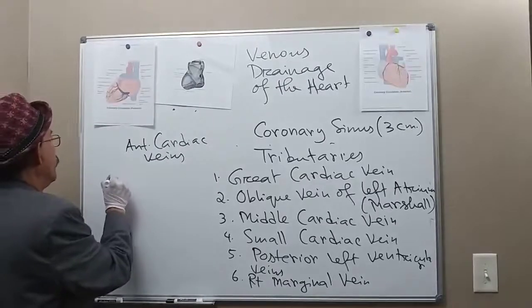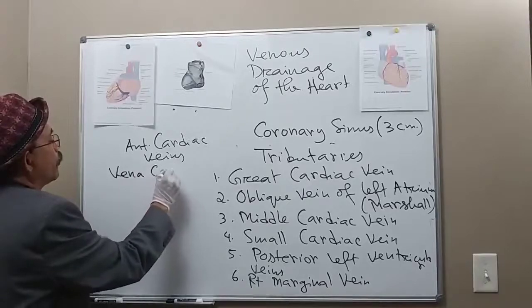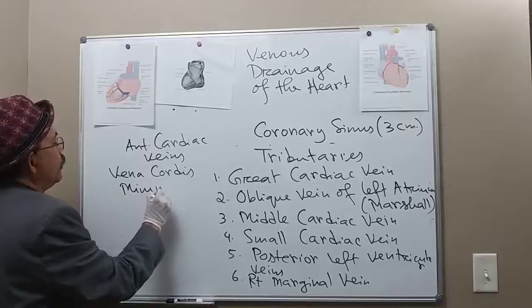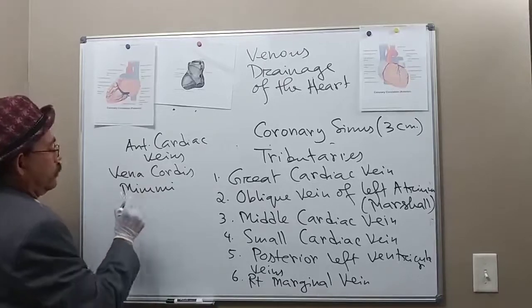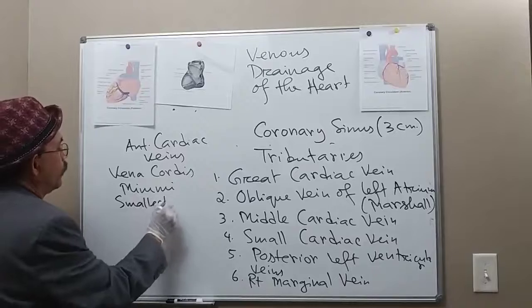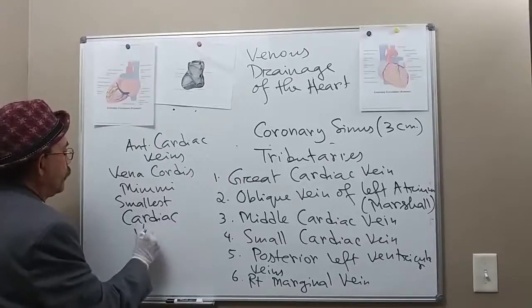We also have some other veins, like the anterior cardiac veins. We also have the venae cordis minimi, also called the smallest cardiac veins.